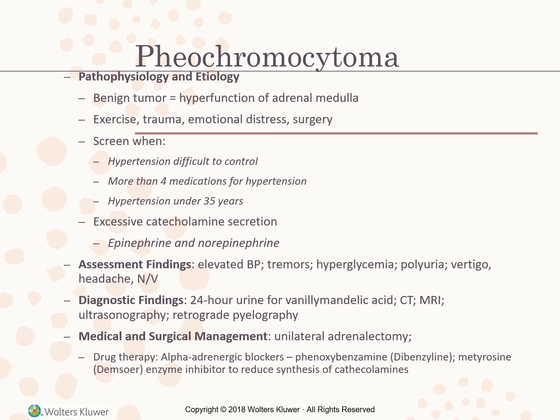Those that should be assessed for pheochromocytoma include those who have hypertension that's difficult to control, take more than 4 medications to control their blood pressure, and develop hypertension before 35 years of age. In assessing, symptoms will include elevated blood pressure, which can be intermittent or persistent, tremors, nervousness, sweating, headache, nausea, vomiting, hyperglycemia, polyuria, and vertigo.